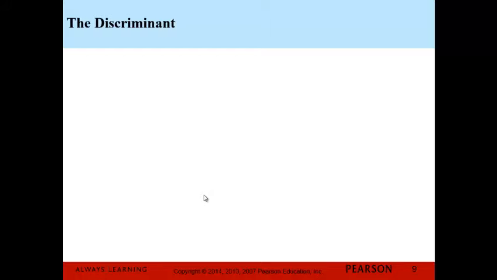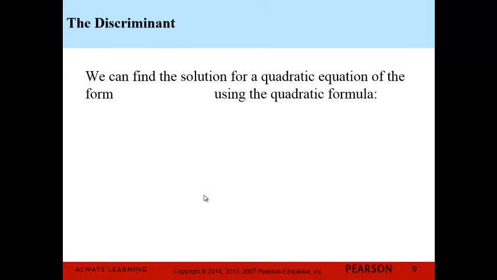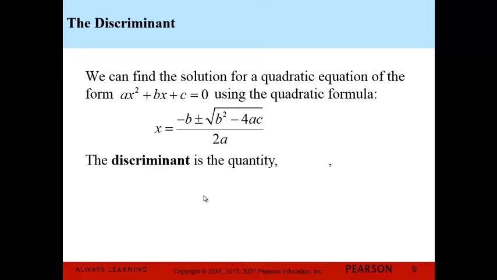The discriminant is the portion of the quadratic formula that results when you apply the quadratic formula to the equation ax squared plus bx plus c equals 0, and it is the portion underneath the radical.